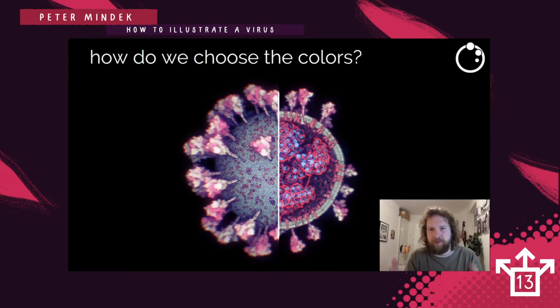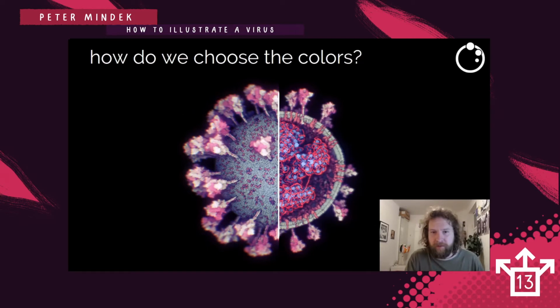And also these spike proteins on the outside, we show them in this vivid pink to signify that these are the parts of the virus that are actually doing something. All the parts are doing something, but these are the ones who are actually attaching to the cell and causing the virus to be swallowed by the cell. And they are also an important target for medications, because they can be recognized from the outside.